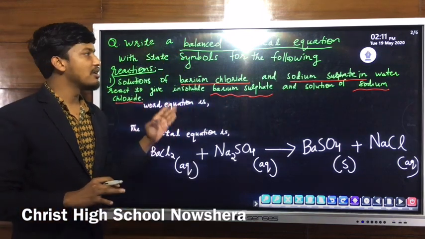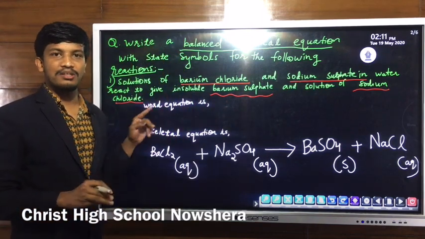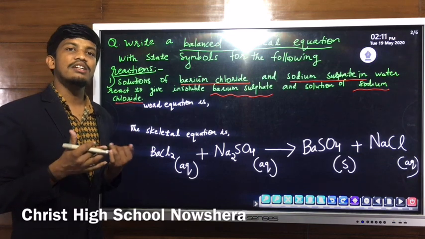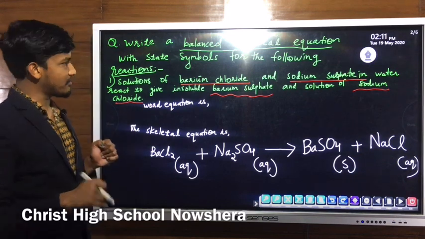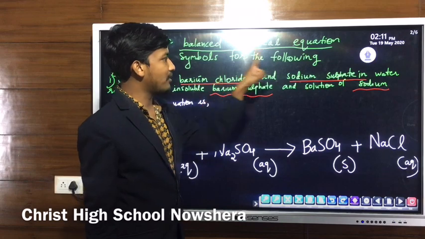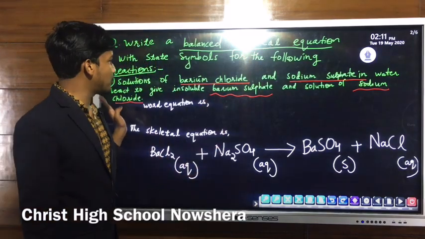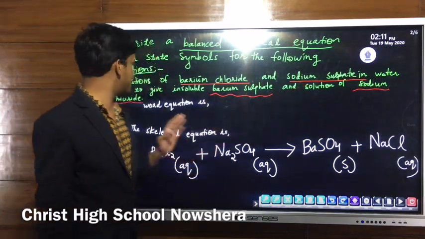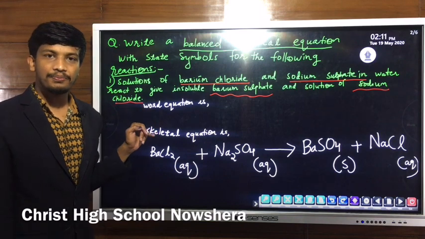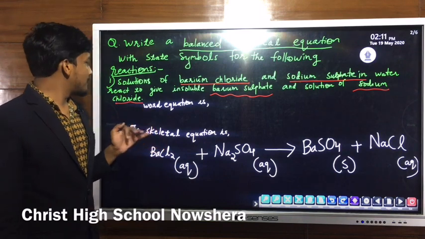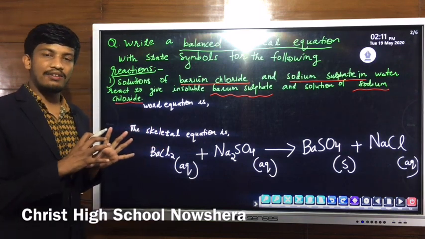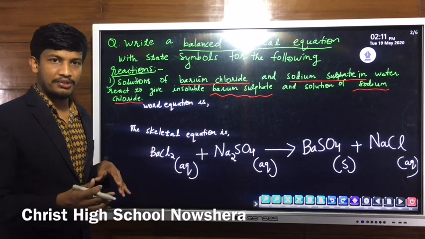Read the statement carefully and understand which are the reactants and products. We have the reactants barium chloride and sodium sulfate, and two products, barium sulfate and sodium chloride. Now we have understood the reactants and products.